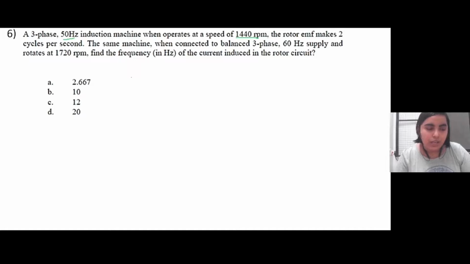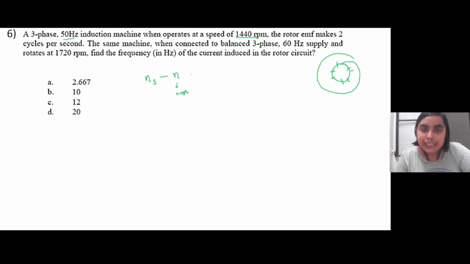The EMF that is getting induced in the rotor is because the magnetic field cuts the rotor conductors. So let us say ns is the synchronous speed of the stator and n is the speed of the rotor.